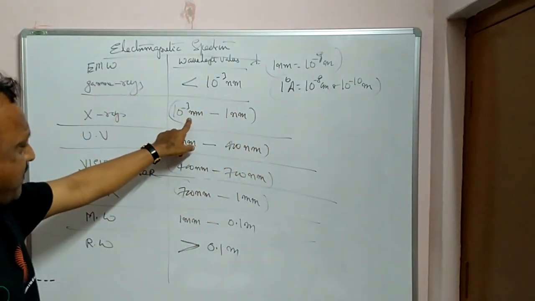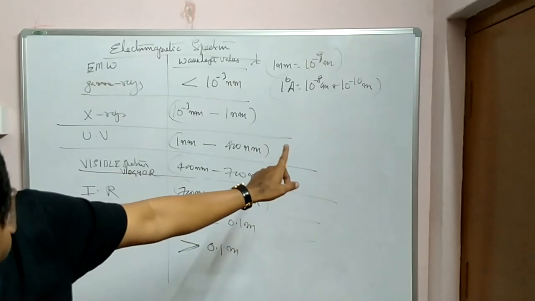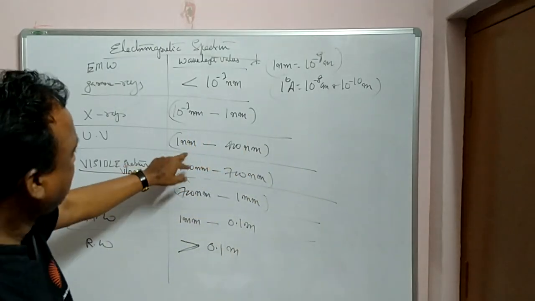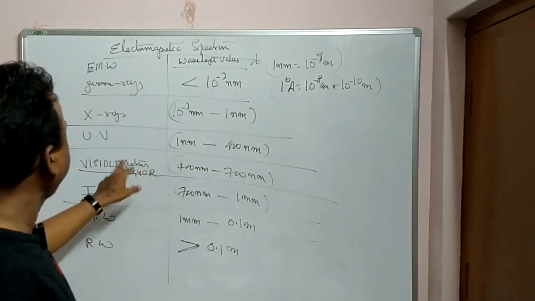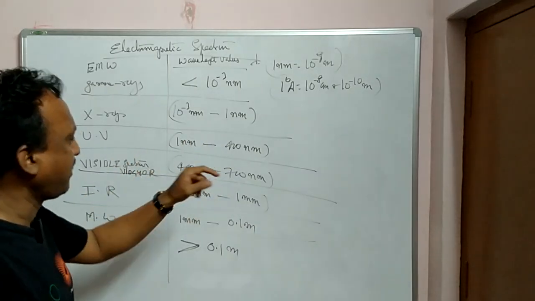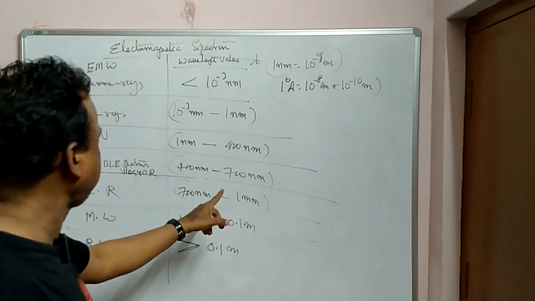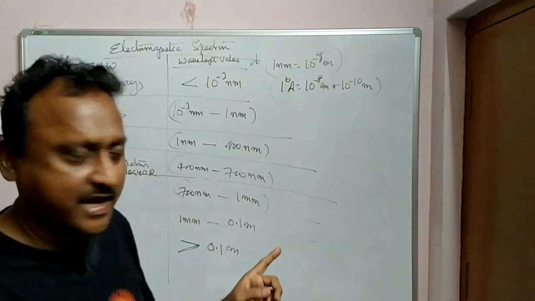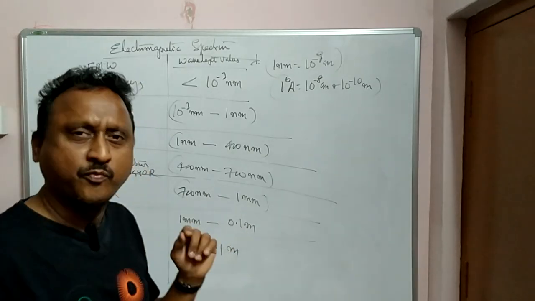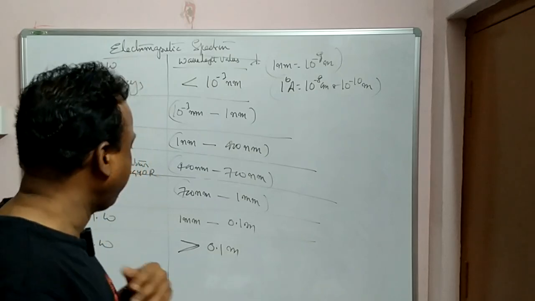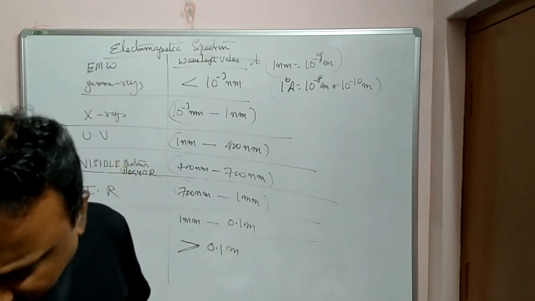X-rays 10 power minus 3 nanometers to 1 nanometer. UV rays 1 to 400 nanometers. Visible spectrum VIBGYOR 400 to 700 nanometers, infrared 700 nanometers to 1 millimeter, microwaves 1 millimeter to 0.1 meters, and finally radio waves greater than 0.1 meters.